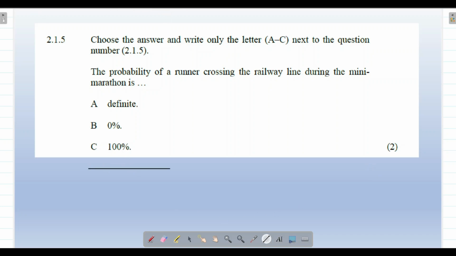So we know in probability, we usually calculate the likelihood of a particular event happening. Remember, when we calculate probability, we always calculate probability is equal to your favorable outcome divided by your total outcomes. But we don't have to really worry about that. That's just me giving you a backstory to what is required from you here.